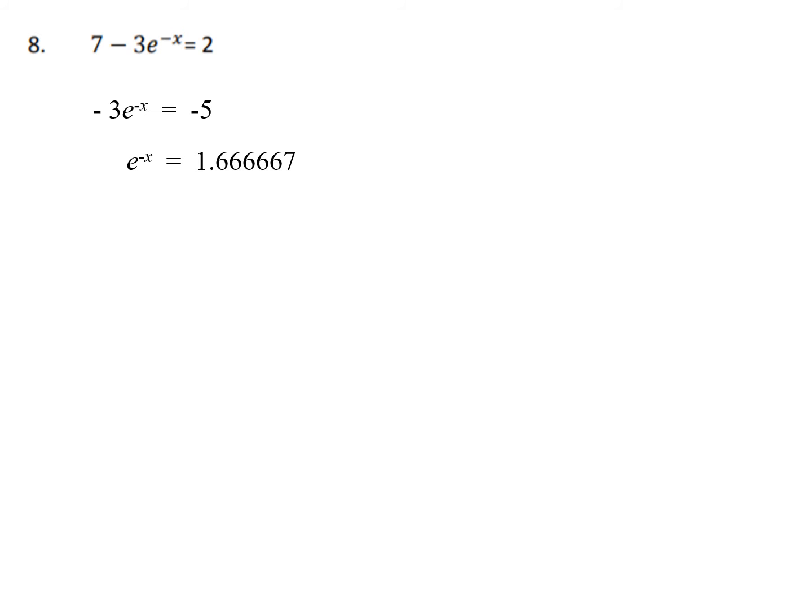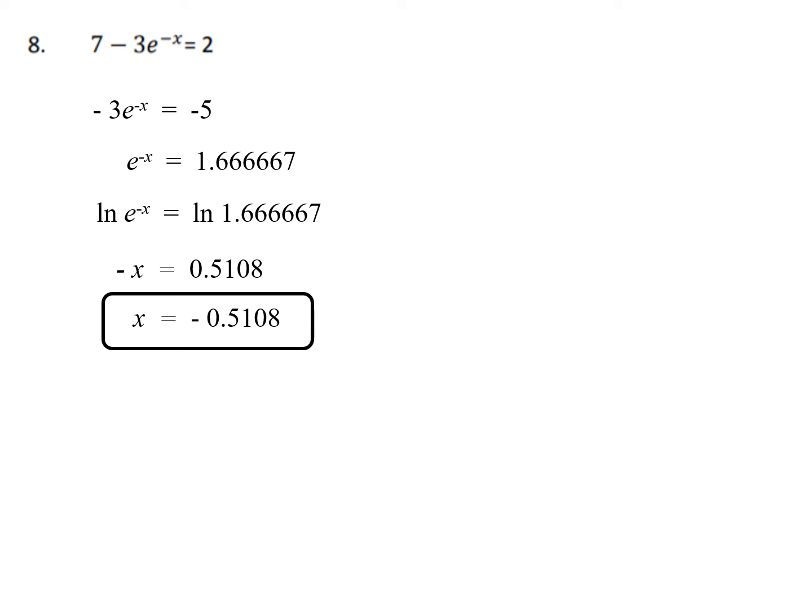And now I have e to the negative x isolated, so I'm going to take the natural log of both sides. That cancels each other out, and I'm just going to get -x equals a natural log of that, which turns out to be that, according to my calculator. And then finally multiply by -1, and I get my final answer of this.